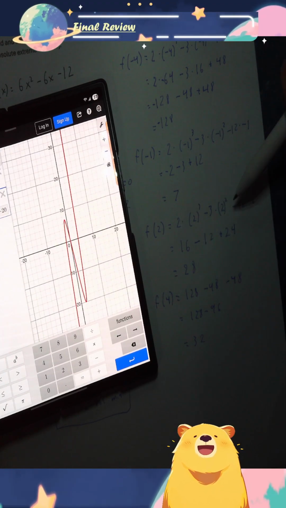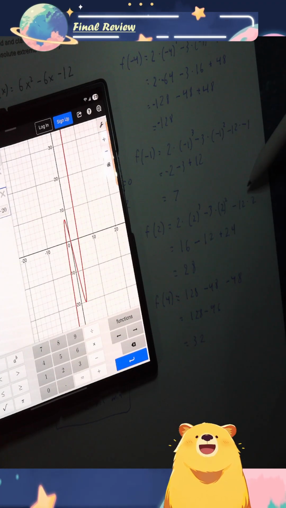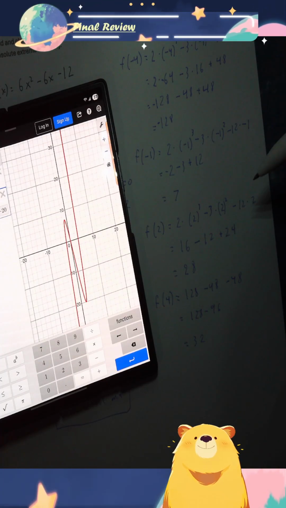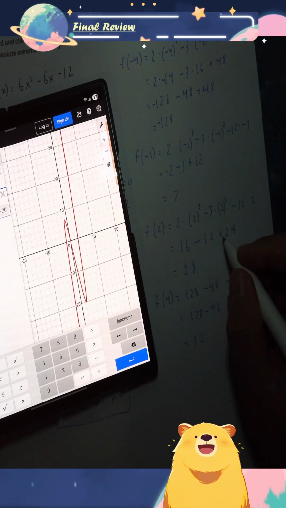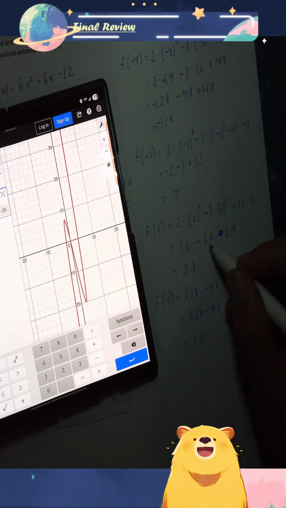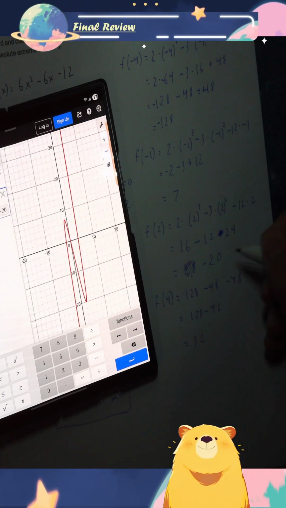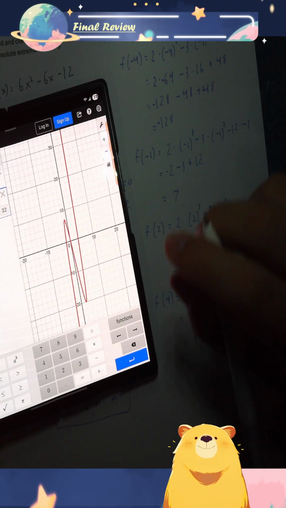That's 16. That's supposed to be -12. That's also supposed to be a negative. So that's where I messed up. So in that case, 16 minus 36. Oh yeah, that's definitely -20. My bad. Okay, I guess it's a good thing we checked. And then 4, 32. Okay.